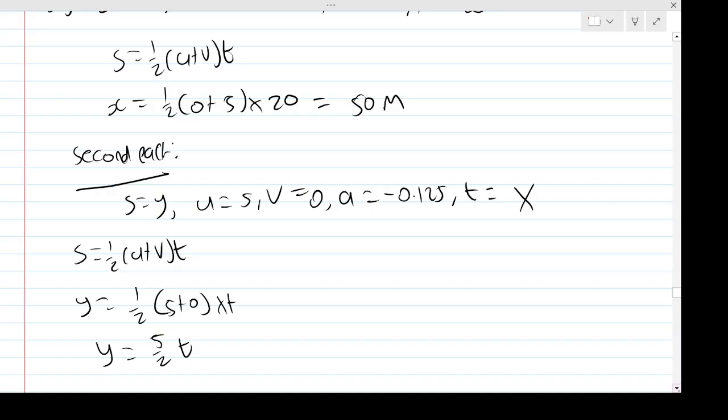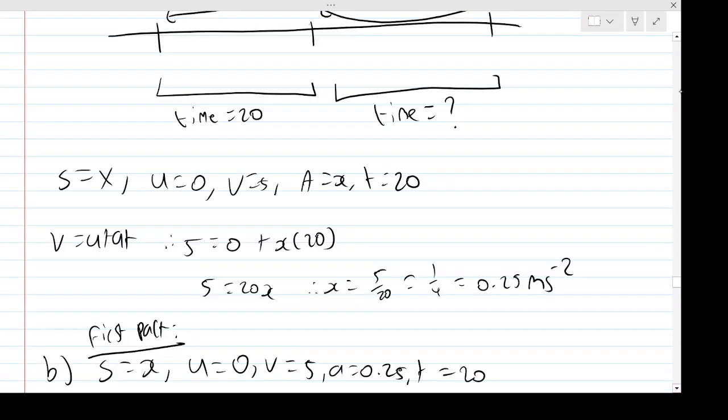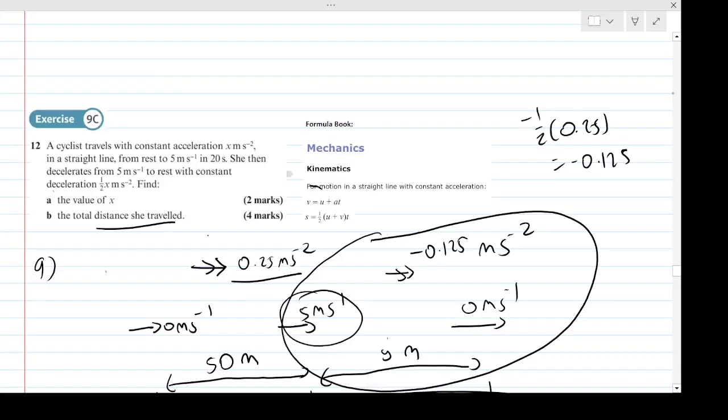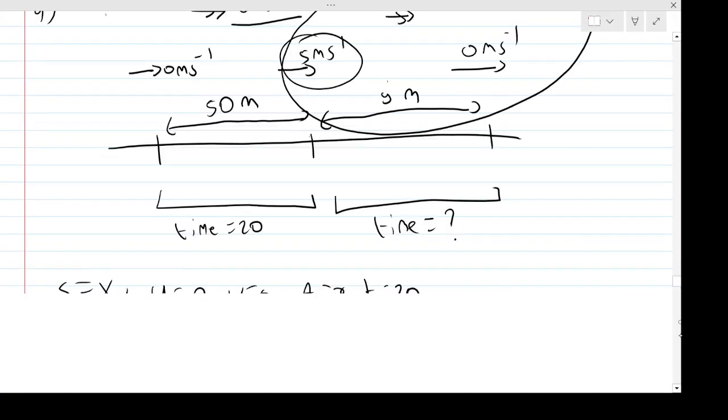So we need to find T, the time. We can do that because we can use the other formula: V is U plus AT.